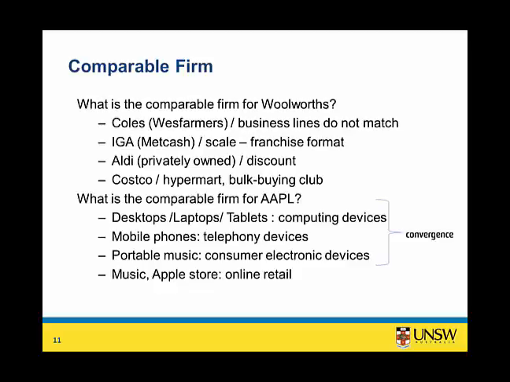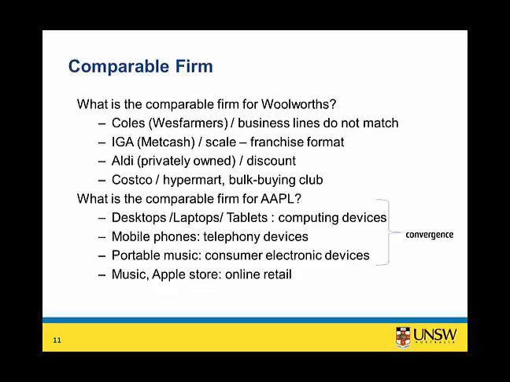So we can then turn to another likely competitor, IGA. IGA is owned by Metcash. So it could be that IGA is not a good comparison to Woolworths because of its size. IGA is much smaller. It has far fewer locations, which you can tell from just looking around.